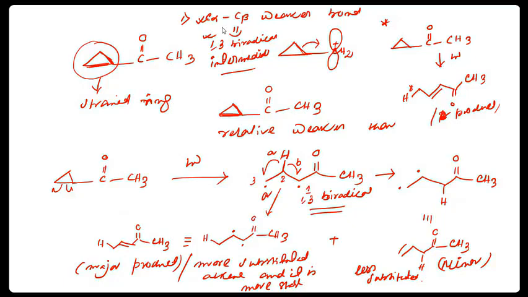Now I'm moving to the next example. Think about this molecule, C double bond O, and this is alpha, and this is beta. Again, this is a three-member ring. That's why it is strained and weaker.